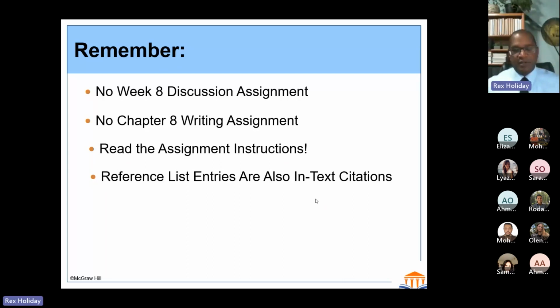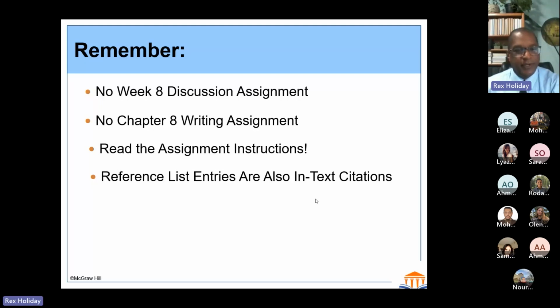If you're using some of the generative AIs to help you write your papers, remember to go back to the assignment instructions, and you can type that into your generative AI so that it knows to include those specifics for your paper. Okay, and then also for your reference list entries, they should also be in-text citations.